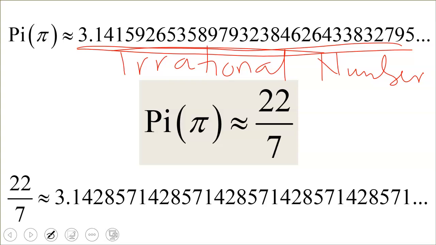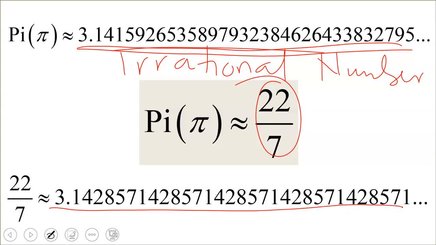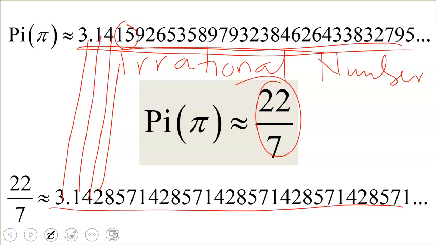Now, observe a number called 22/7. That one too, if you put it on a calculator, will give you a value of this sort. Look at the first three digits: 3, 1, 4. When I approximate this one, I get the same as that. These few digits are equivalent to pi.